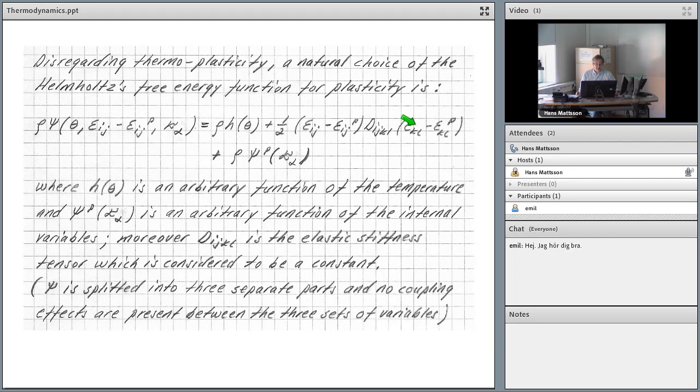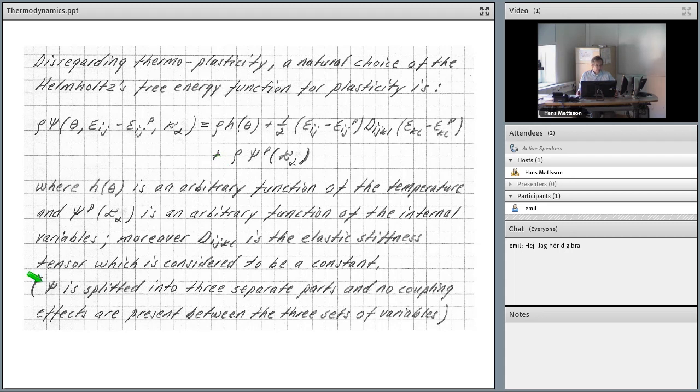And you see that we have contraction of these parameters here, so we get a scalar in the end, plus mass density times an arbitrary function of the internal variables kappa alpha.